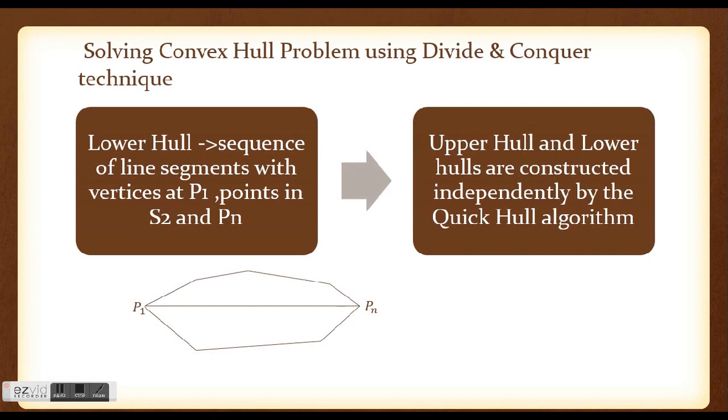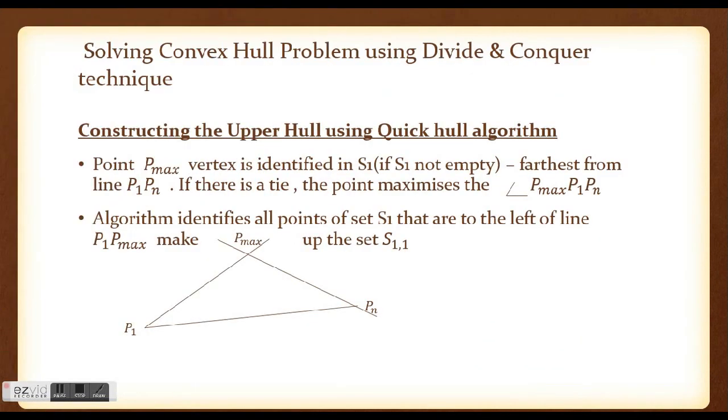So, constructing the upper hull using the quick hull algorithm. The same technique can be used to construct the lower hull also. So let us deal with the upper hull, and then the same can be used again for the lower hull. Point P max is identified in S1, which is the farthest point from the line segment P1 Pn, and if there is a tie between two points, the point P max that maximizes the angle P max P1 Pn is chosen.